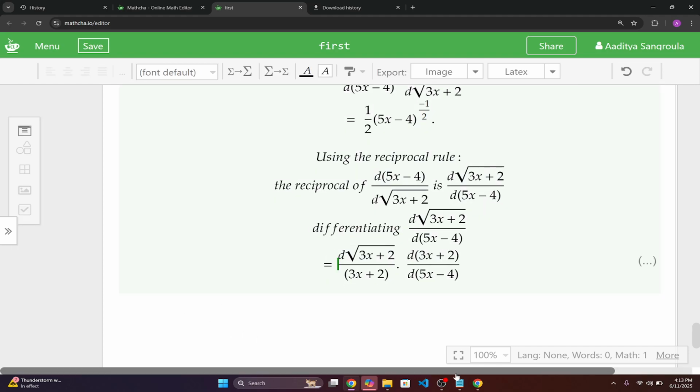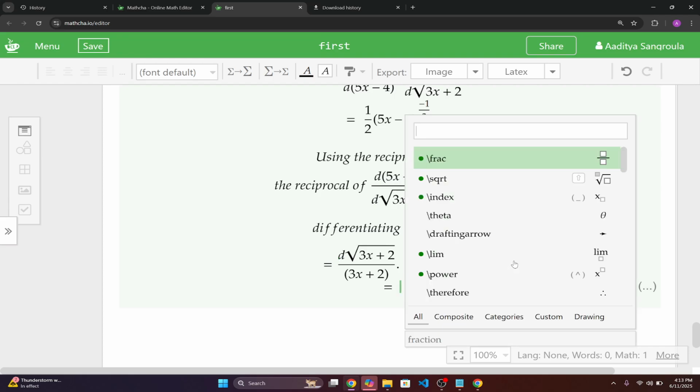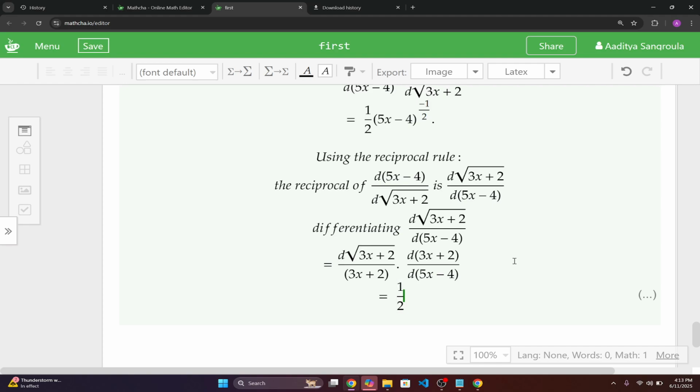And now this becomes 1 over 2 times, so that's minus 1 over 2, so that's still root under x plus 2 dot.